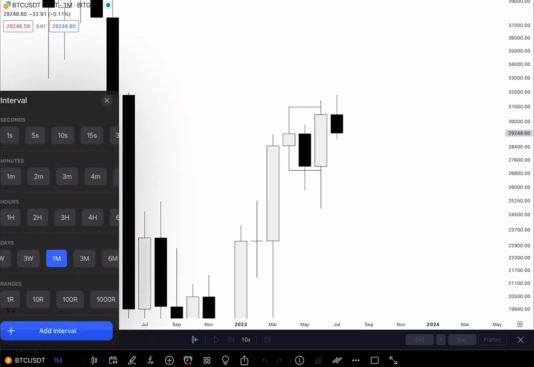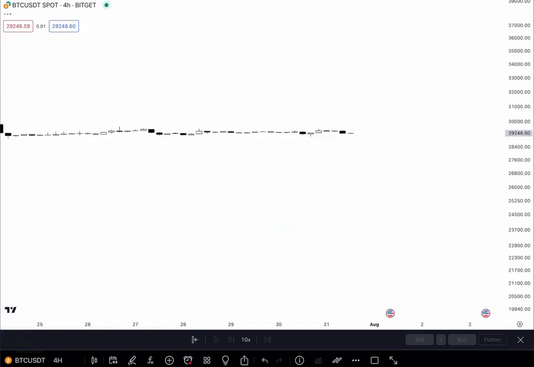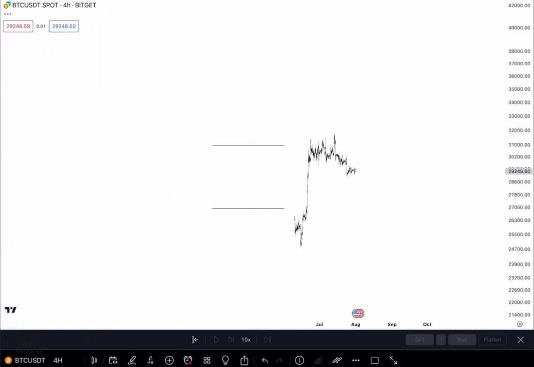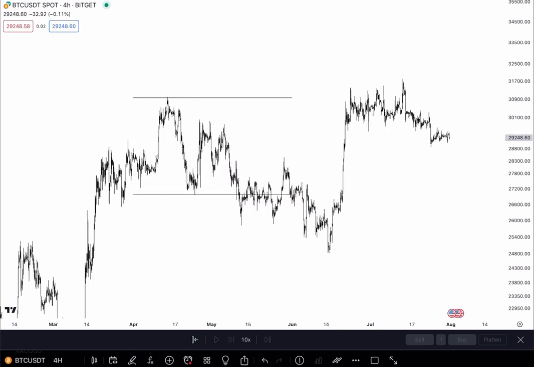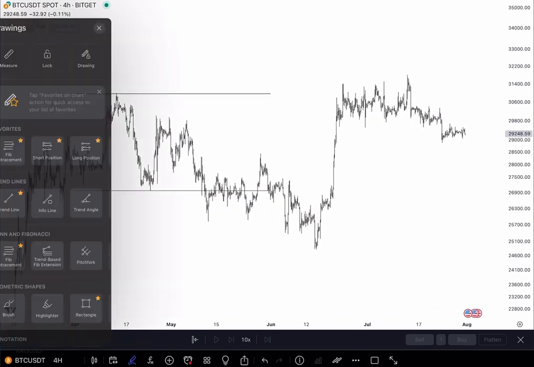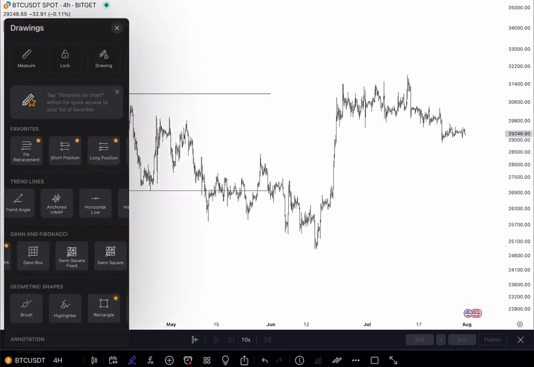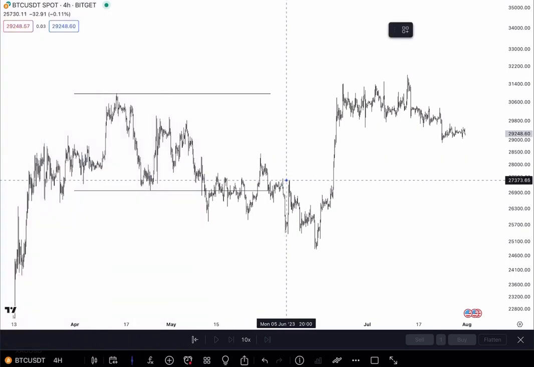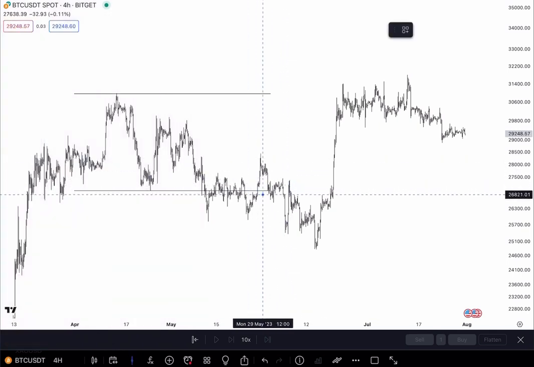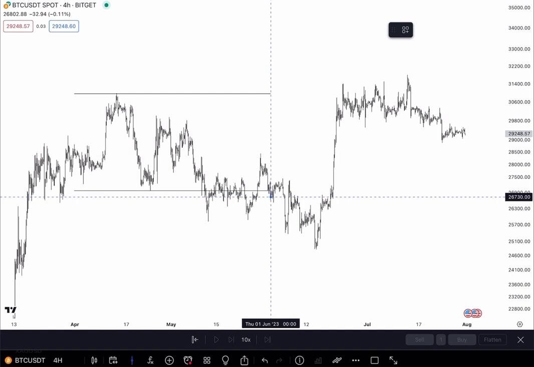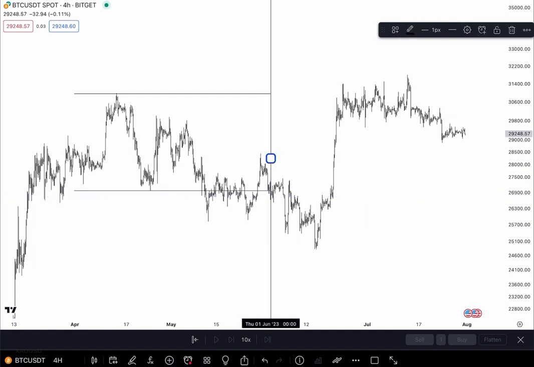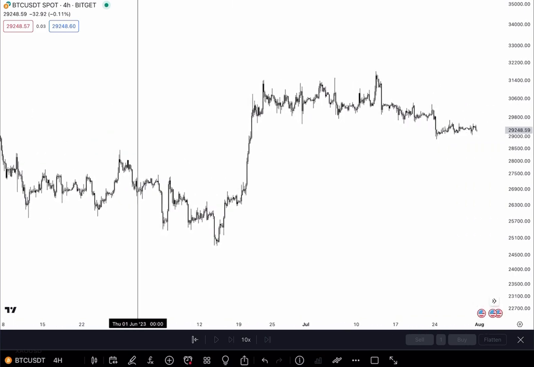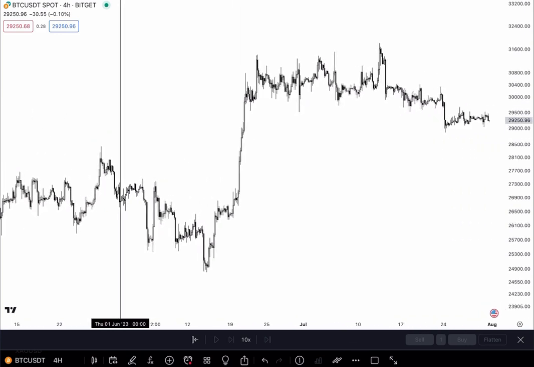From the lens of power of 3, you go to June, you go to the open, you want to buy.